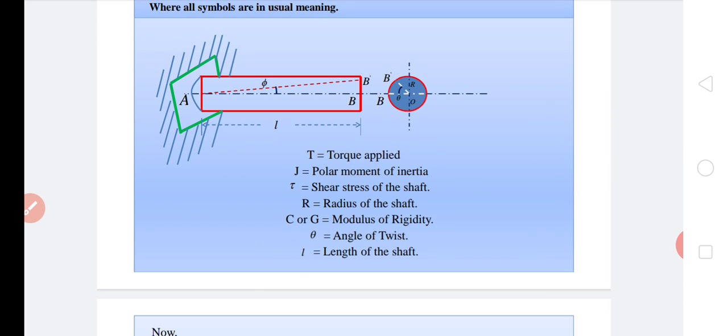Now, let us consider a circular shaft fixed at one end and subjected to a torque at the other end, as shown in this figure.